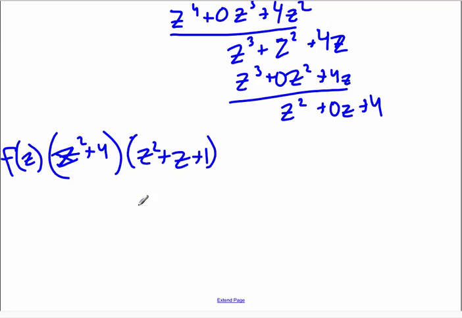Okay, to get the other two roots, we let z squared plus z plus 1 equals 0, and we can solve this by the quadratic formula.